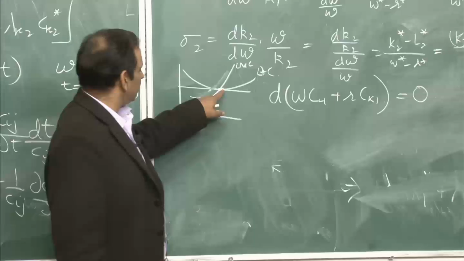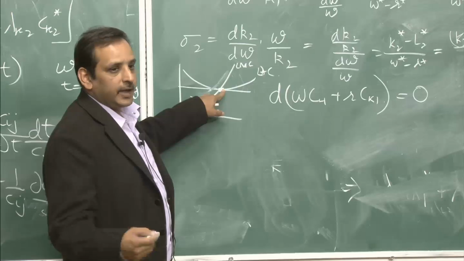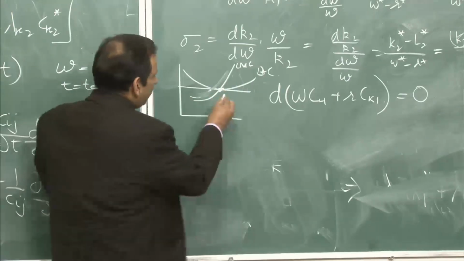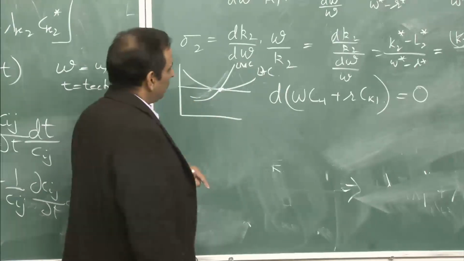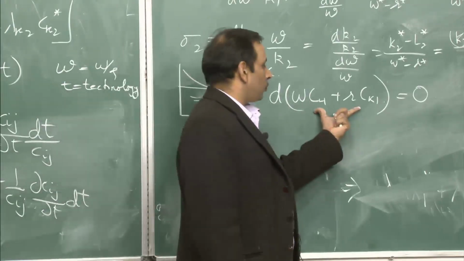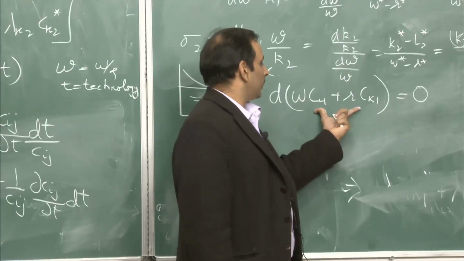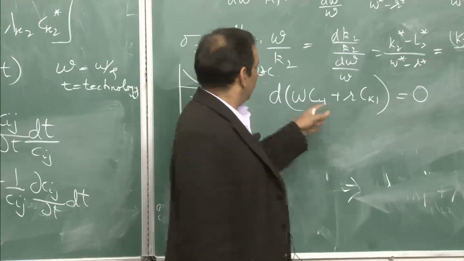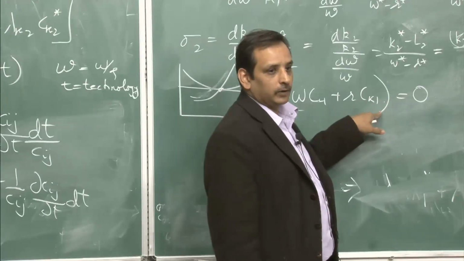If you are operating at the minimum of this, then d average cost dx, the differential of this, would be equal to 0, because remember at this point the slope is 0, and this is your total cost of producing good 1. This is the average cost of producing good 1, where CL1 is L1 by x1, CK1 is K1 by x1.